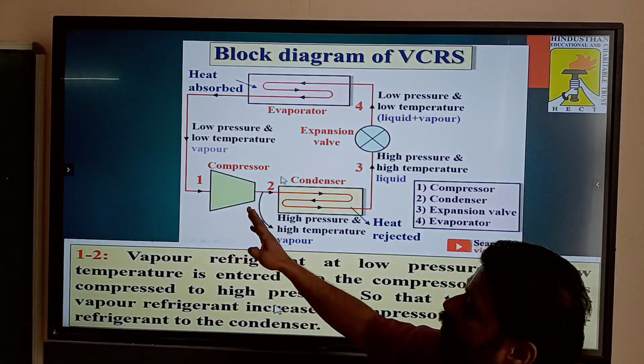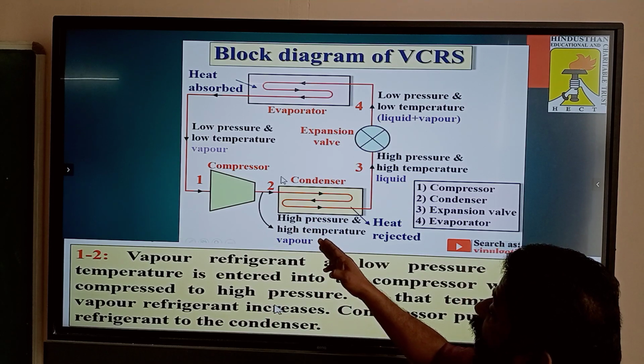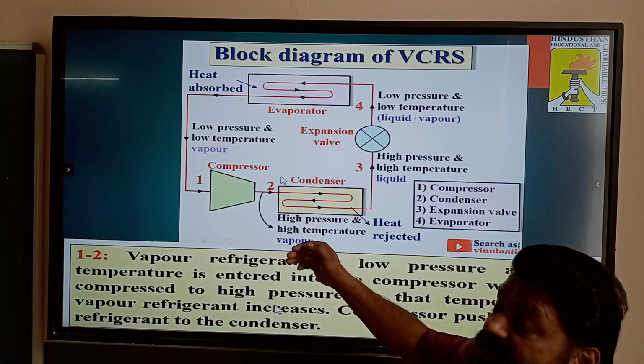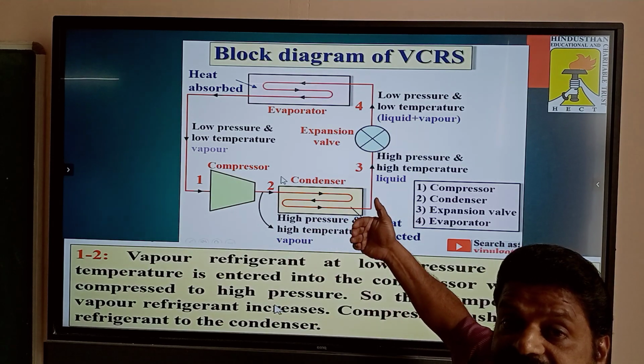So at the outlet of the compressor, high pressure, high temperature vapor comes out. Because the refrigerant is compressed, the volume is reduced and the pressure is increased.